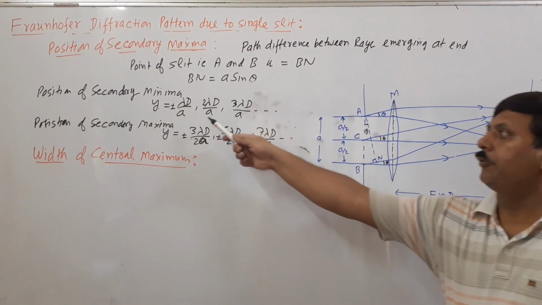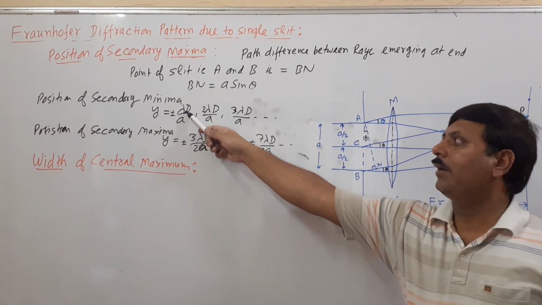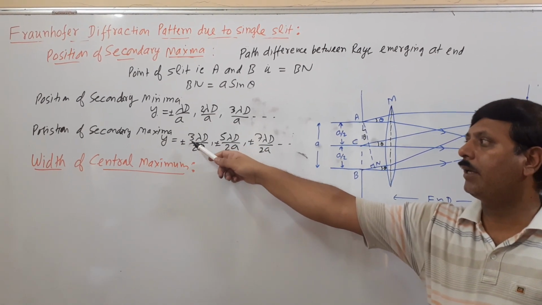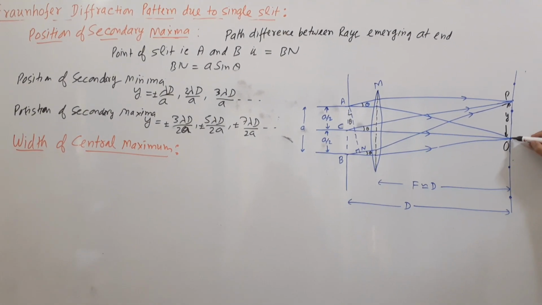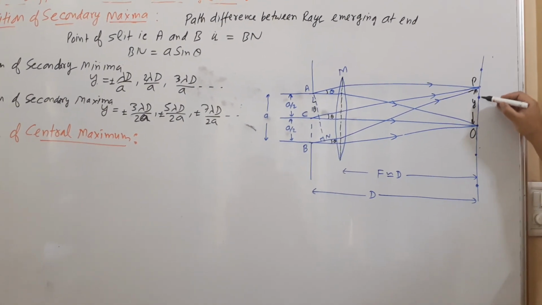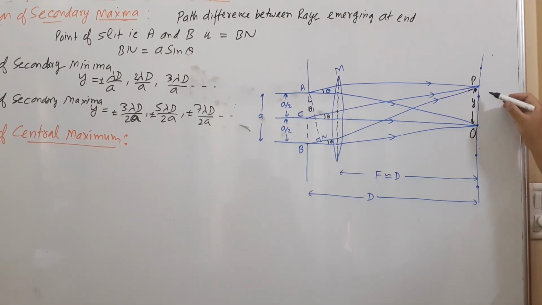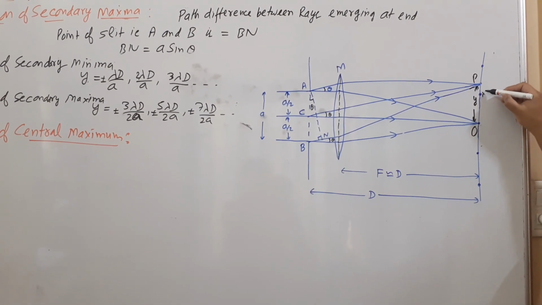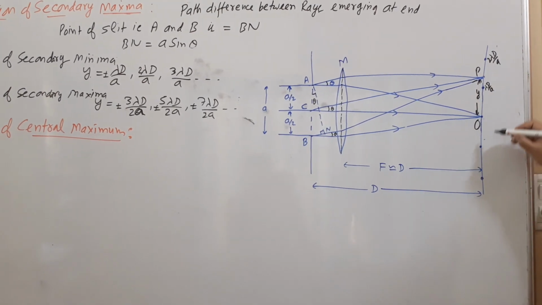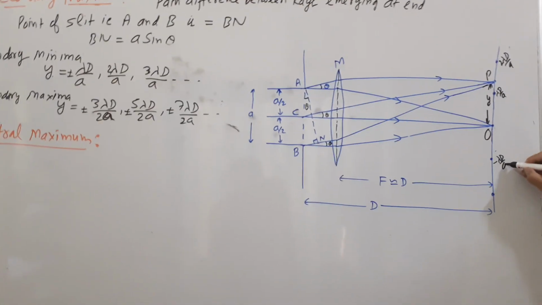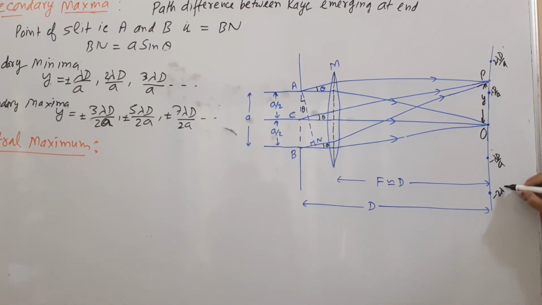We have seen the positions of secondary minima are lambda d upon a, 2 lambda d upon a, and secondary maxima 3 lambda d upon 2a. In the figure, this is the central point. First minima is lambda d upon a. Next is 2 lambda d upon a. Here minus lambda d upon a, here minus 2 lambda d upon a.